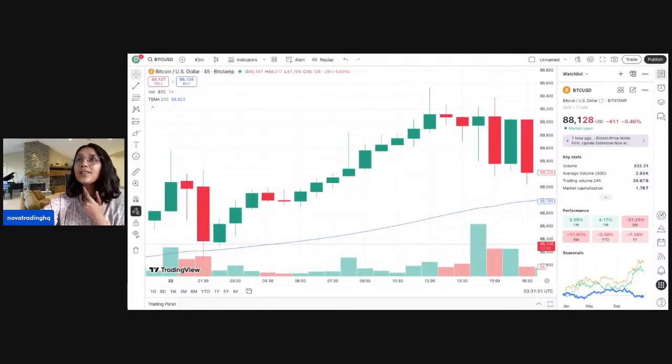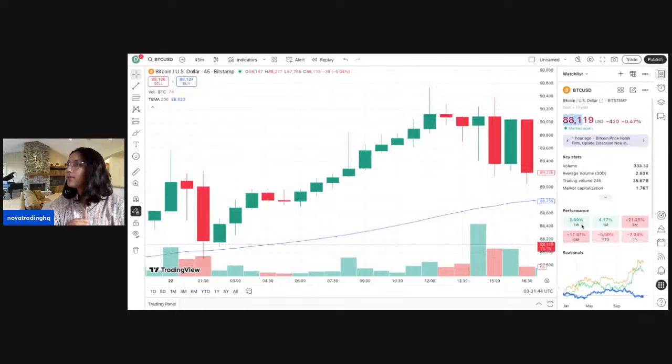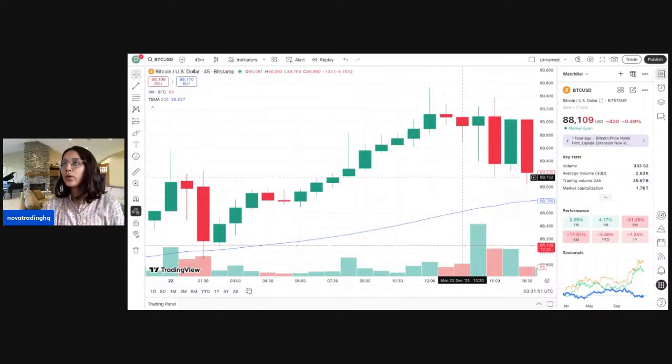As you all can see now, Bitcoin is trading at 88,128 US dollars. Okay. Now, we can quickly check the following thing. As I always mention, whenever you enter the TradingView and have a plan to enter any trade today, whatever kind of trade, always start with the right hand side and then go to the left hand side.